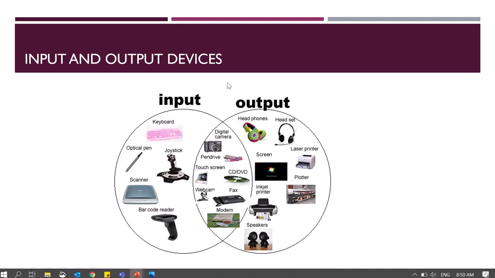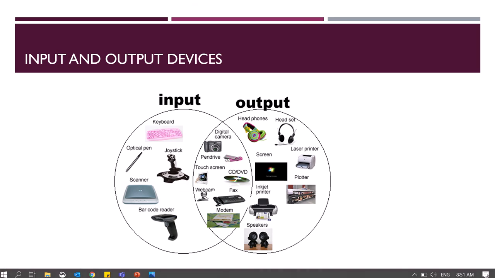The input devices include your keyboard, which we found in the crossword, optical pen, joystick, scanner, barcode reader, and so on. Why are these called input devices? Because they take data from the external world and into the computer. For example, when you type in a key, this key goes as data inside the computer. When you scan, a photo is scanned and goes inside the computer.